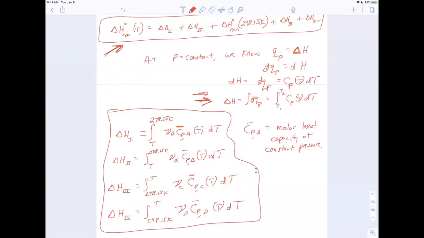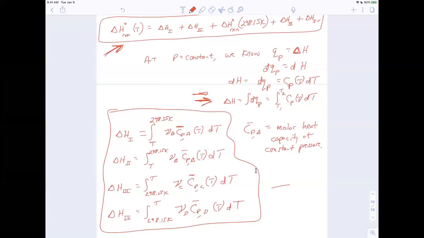If you want the enthalpy of reaction at another temperature, you have the enthalpy of reaction at 298.15 Kelvin. And all you have to do then is compute the enthalpy changes of taking all of the species involved in this transformation at temperature T between 298.15 K and whatever temperature is of interest. That is that simple.